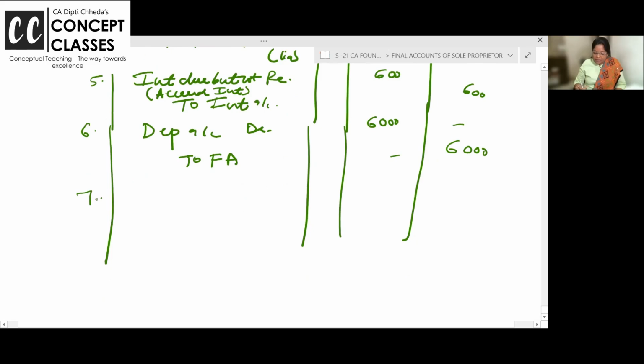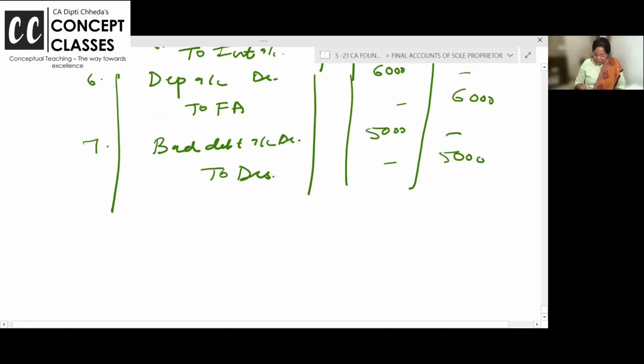Bad debts to be written off. Bad debt account debit, it's a loss. Debtors credit. Bad debt to be written off, 5,000. Reduce the debtors.